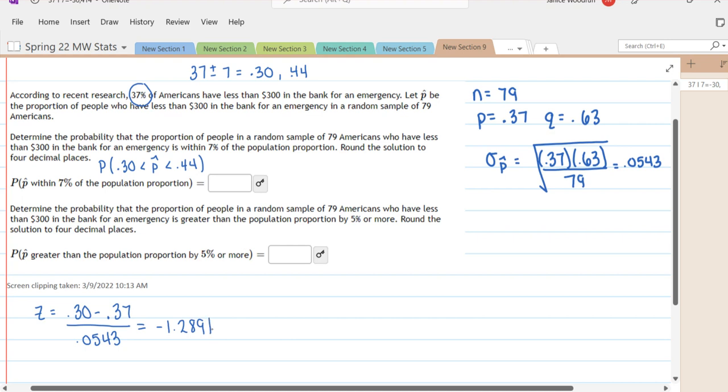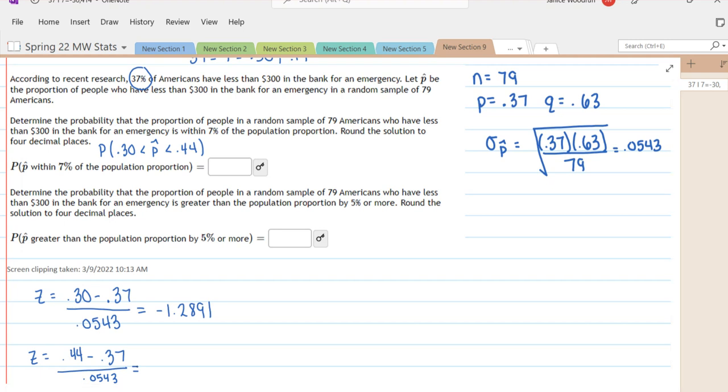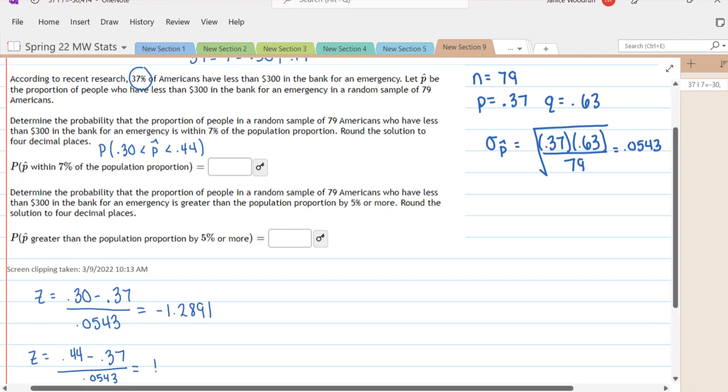That looks better. And then our second z-score, we'll do 0.44 minus 0.37 over 0.0543. And that'll give us positive 1.2891.